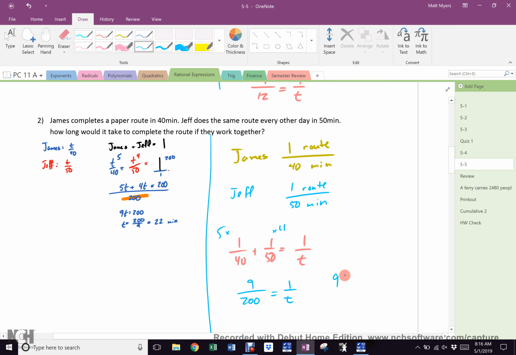Cross multiply. 9t equals 200. t equals 200 over 9, which is what we had over here. Is everybody okay with this now in one of the other ways? If thinking of it this way works for you, you're allowed to think of it this way. If setting up the rate with James and Jeff works, set up the rate with James and Jeff. It doesn't matter, because as you can see, you're going to get the same answer.